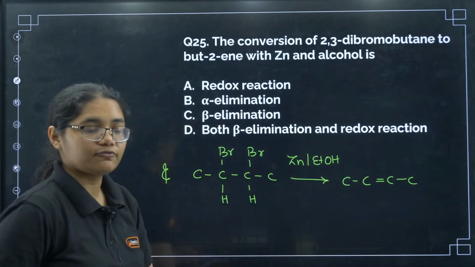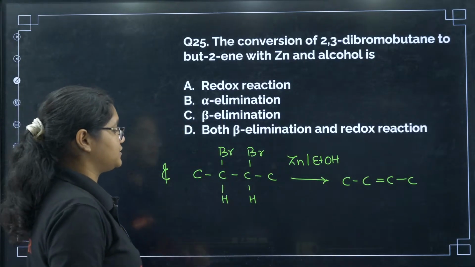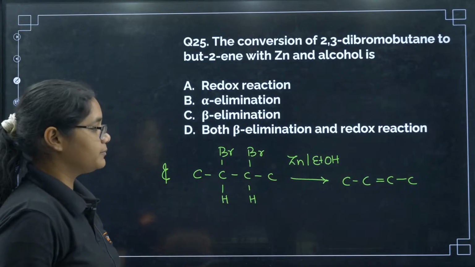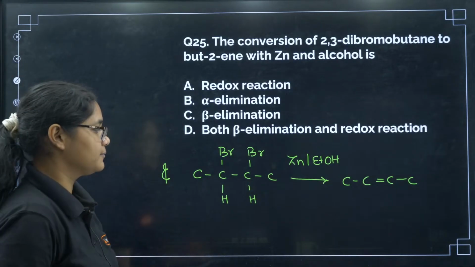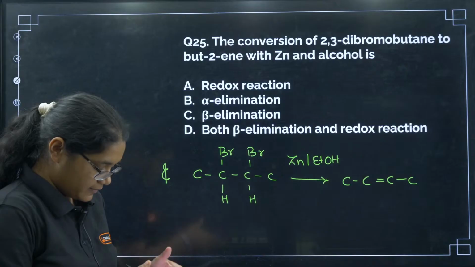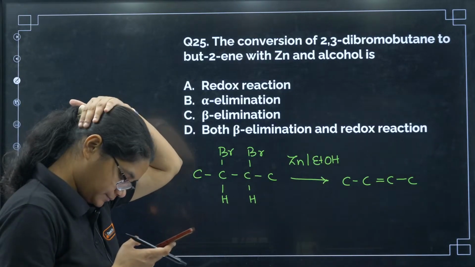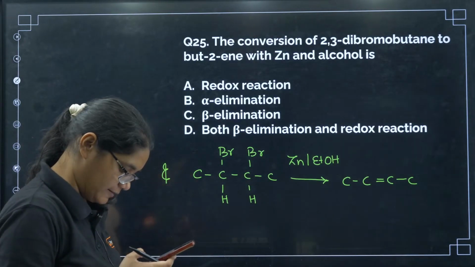This is which type of reaction? Is it alpha elimination, beta elimination, both beta elimination and redox reaction? Yes, can we see the answer for this one? Many of you are saying alpha elimination.